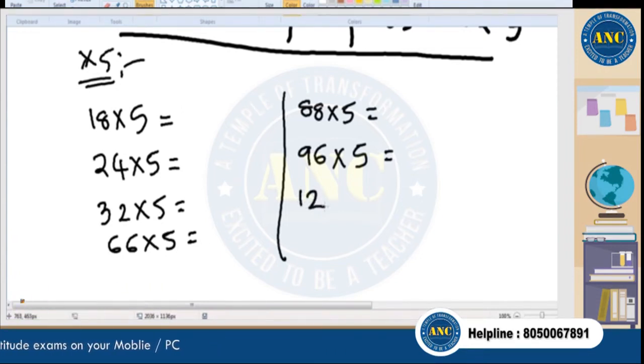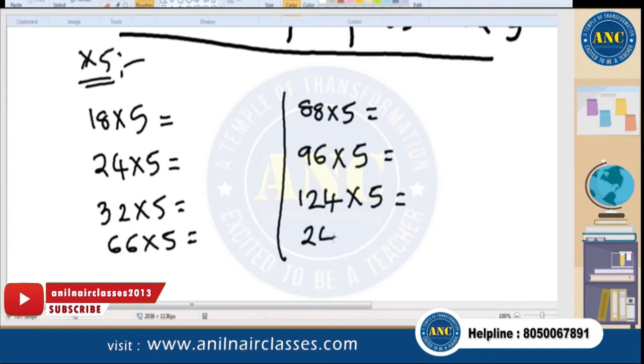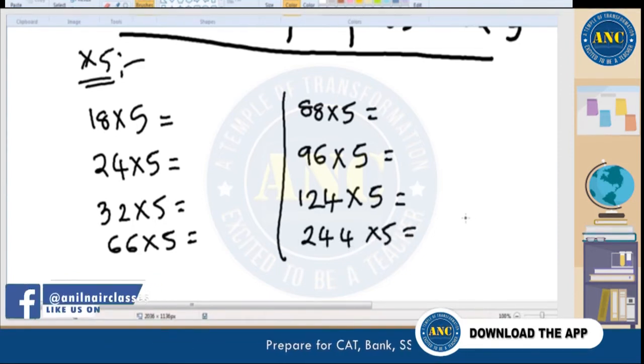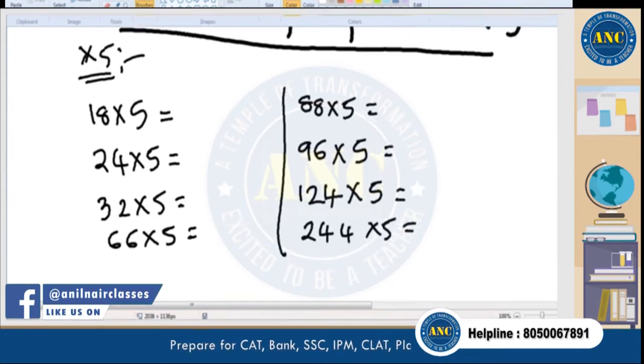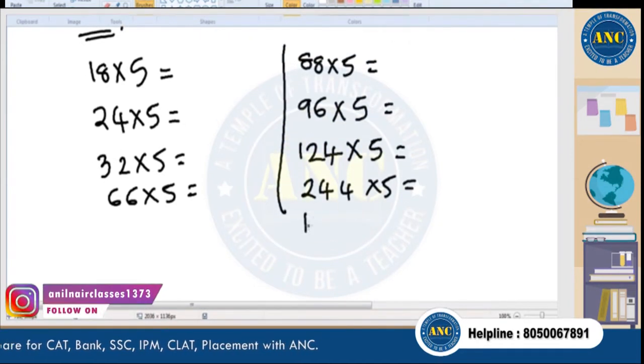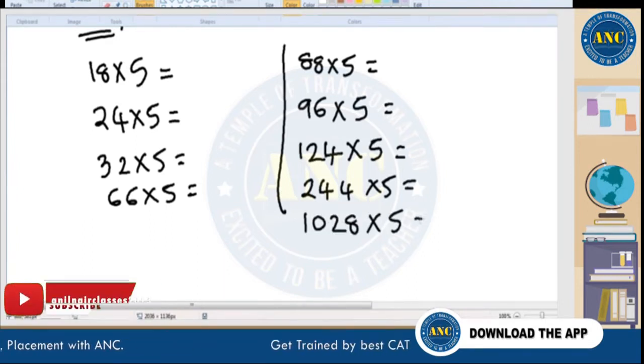Let me increase the size to 3 digits. 124 into 5. Let me increase some more. 244 into 5. It is 3 digits, sir. After that I'll go to 4 digits also, sir. I don't have any problem with that. 1028 into 5.